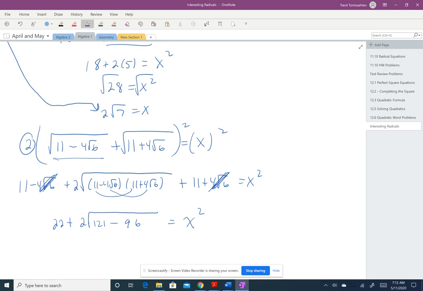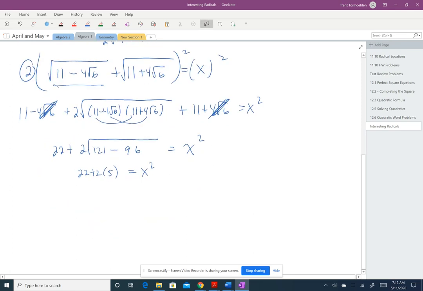It's not always like that. It just turned out to be that for the ones I chose here. So that's going to give me the square root of 25, which is 5. And so you're going to get 22 plus 2 times 5 equals x squared. So 32 equals x squared. Take the square root of both sides, and you get 4 root 2.